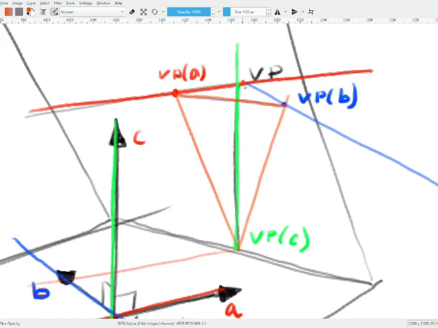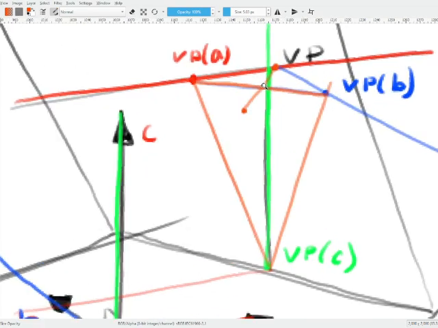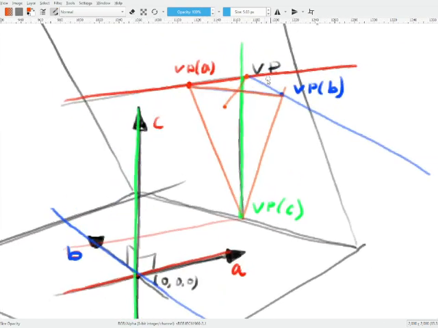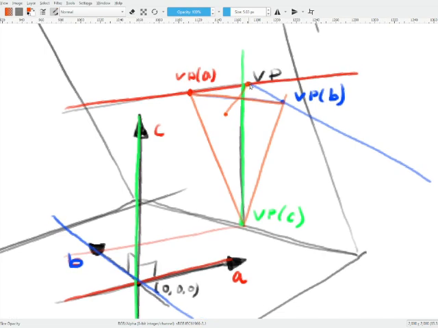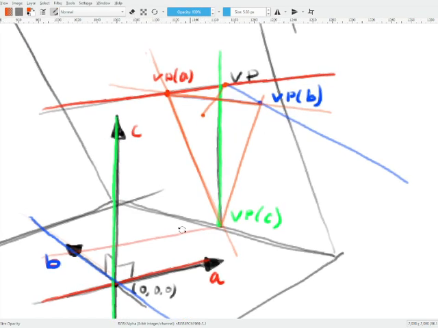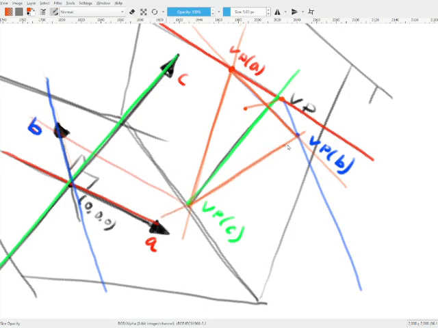And we can project our viewing position onto this triangle, and it will be defined. So if we have a viewing position and directions, we can draw vanishing points. Vanishing points will be defined in a unique way, but the opposite is true as well.